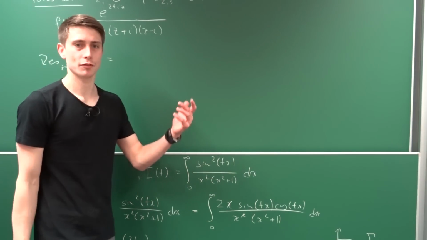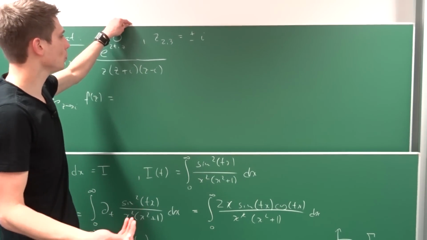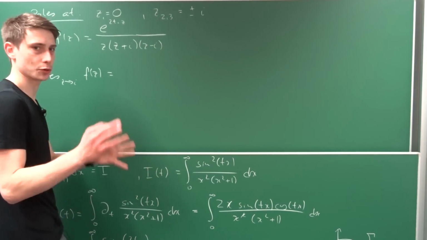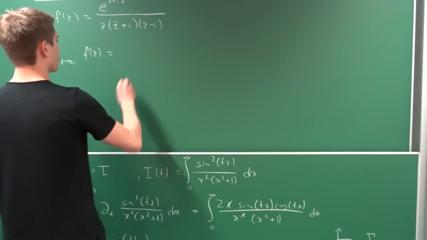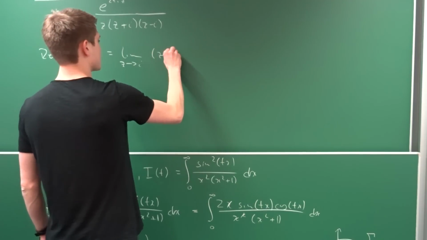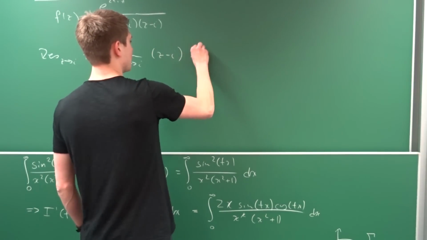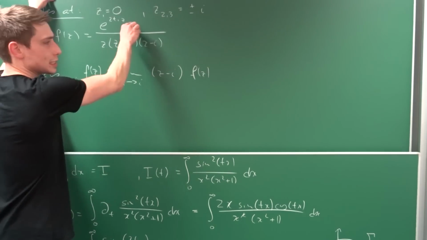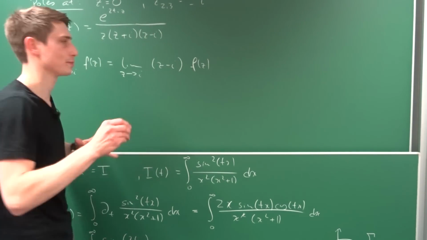Well, we have a single pole, a pole of degree 1, which lies at i, so that's great. So we are getting rid of the derivative, and all we end up with is the limit as z approaches i of z minus i times f of z. But what is f of z? f of z is just this function right here. Let's use this form because it makes things easier.